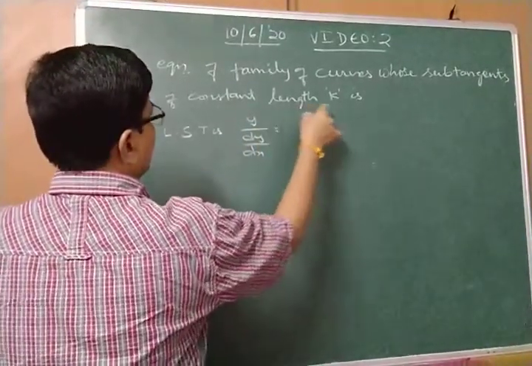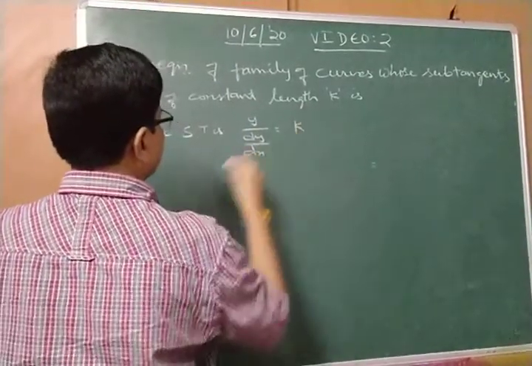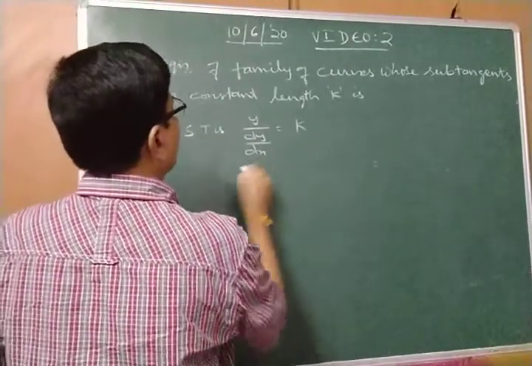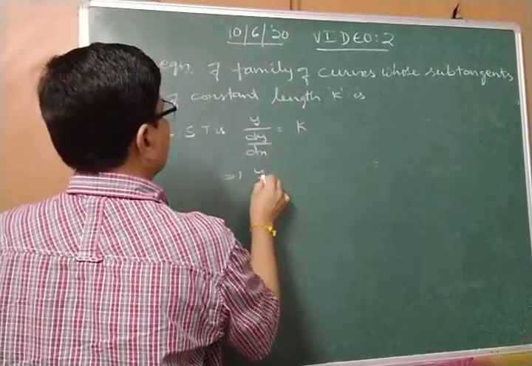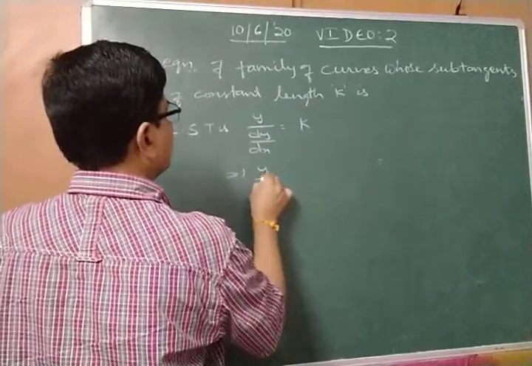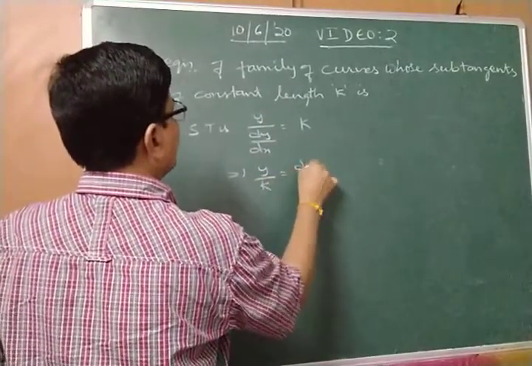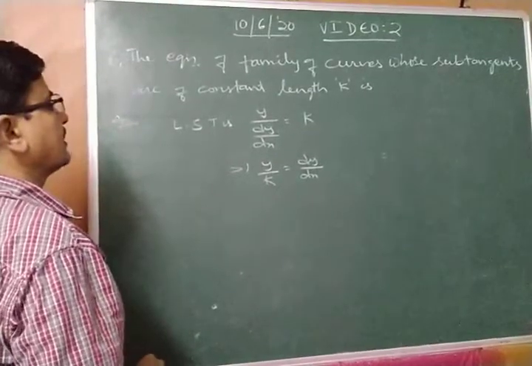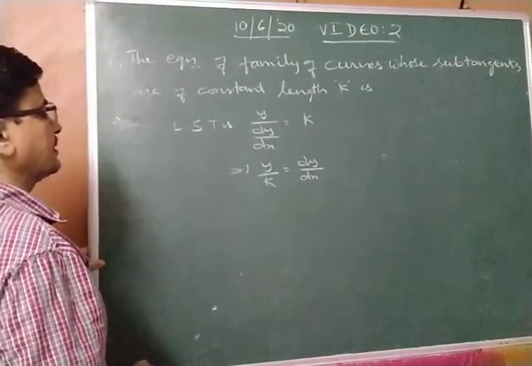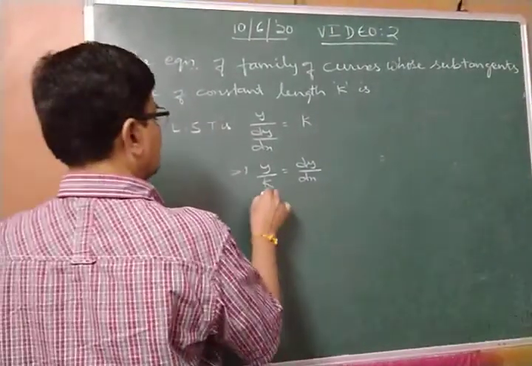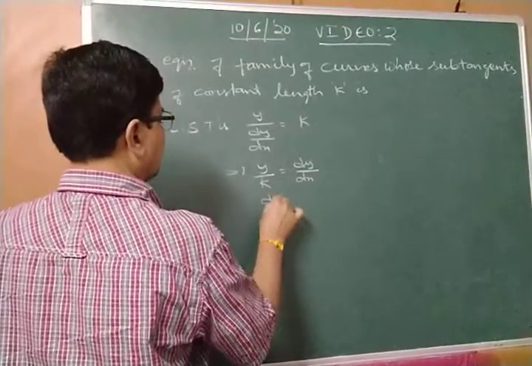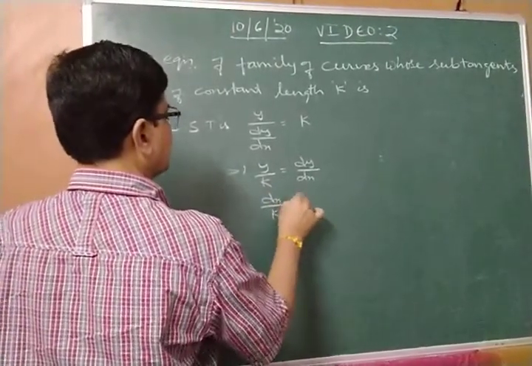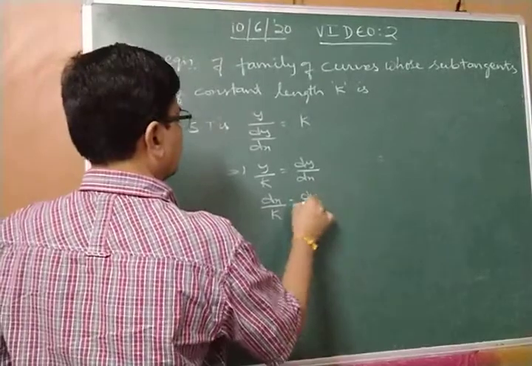It is a constant length k. Now this implies y by k is equal to dy by dx. Now this is dx by k is equal to dy by y.